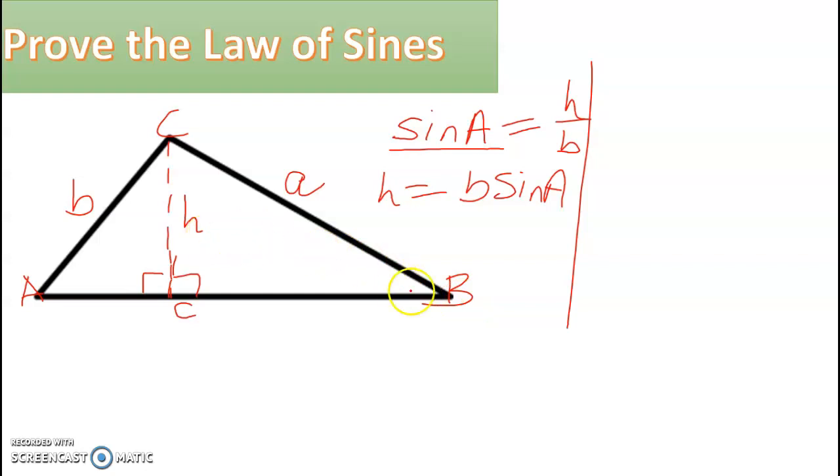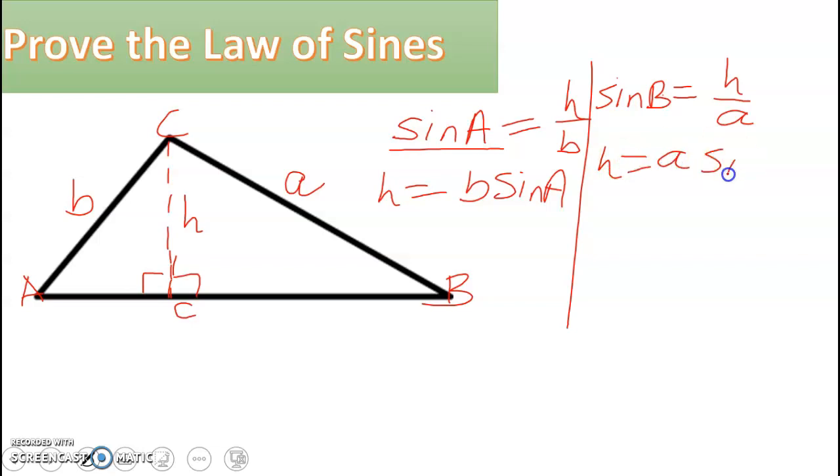If we want to find the height again from this other side, it's going to be sine B, opposite, which is still h, over the hypotenuse, which is now a. Solving for h, h is a sine B. Now we see that h is equal to b sine A, and h is also equal to a sine B. So h is equal to h. Therefore, these two expressions are equal to each other.